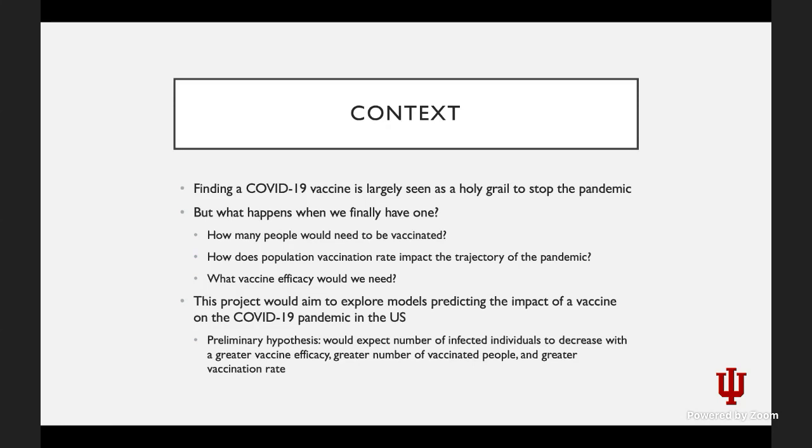So this project would aim to explore models predicting the impact of a vaccine on the COVID-19 pandemic in the US. I figured we might as well focus on only one country because everyone has different trajectories. For some preliminary hypotheses, we would expect the number of infected individuals to decrease with a greater vaccine efficacy, a greater number of vaccinated people, and a greater vaccination rate.